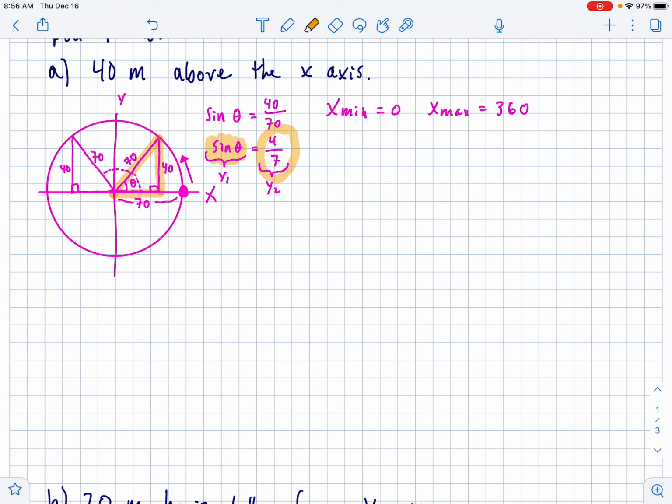So 4/7 is like 0.5 on a calculator, around, or 0.6. So let's go up to maybe 1.5 and down to negative 1.5.